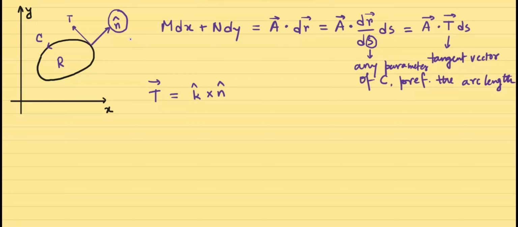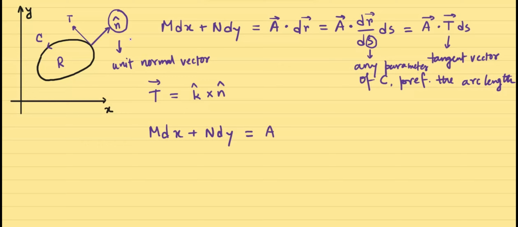Once again, n is the outward unit normal vector. It is normal to the curve because it is normal to the tangent to the curve at that point.